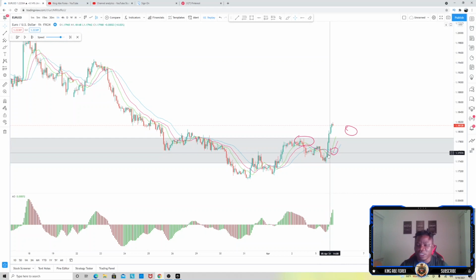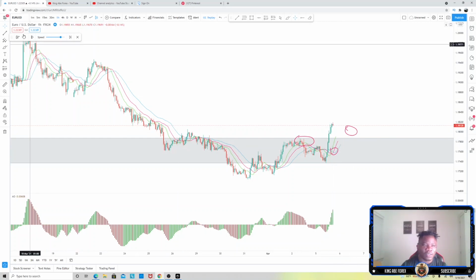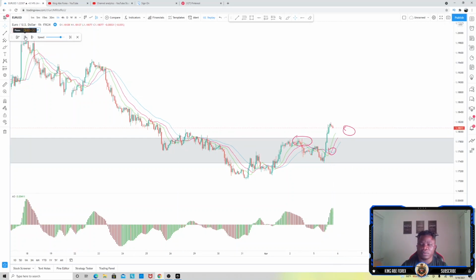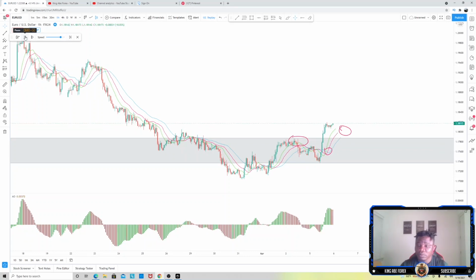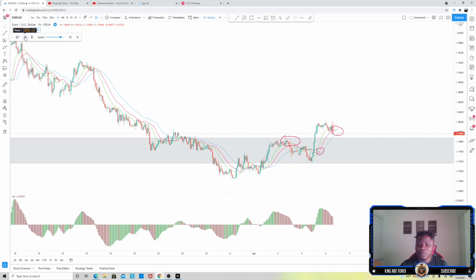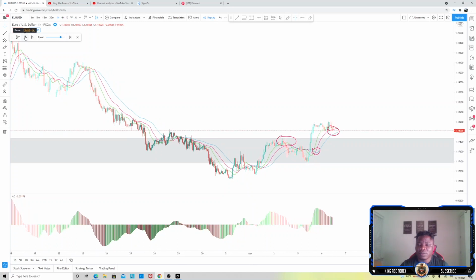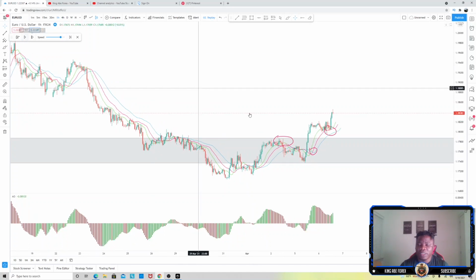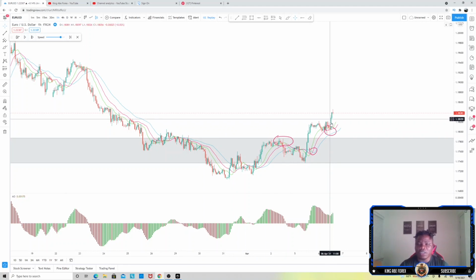You have the lips crossing the other two lines. Now you have those two confirmations. You could have got in right over here, like I said earlier, or you could have waited for the retest back to the alligator indicator. Bam, you could have got in right here at this bullish engulfing candle.